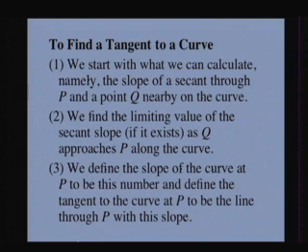Then we find the limiting value of the secant slope, if it exists, as Q approaches P along the curve. And then we define the slope of the curve at P to be this number, and define the tangent to the curve at P to be the line through P with this slope.